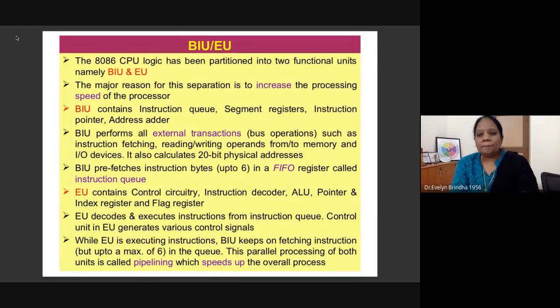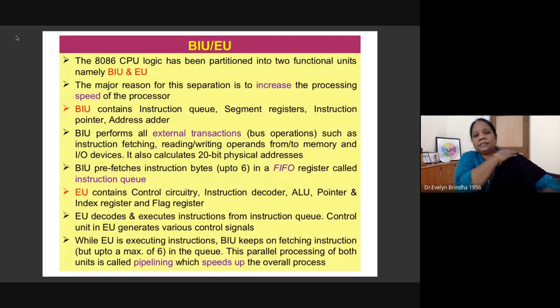So now here, there is a queue. One example is your ticket counter, which has got a queue system. Whoever comes first to purchase the ticket would be given the first chance to get the ticket. So that is the process of a queue. Here you have a very small queue, just a 6 size queue. Up to 6 instructions you can pre-fetch and put them together in that instruction queue.